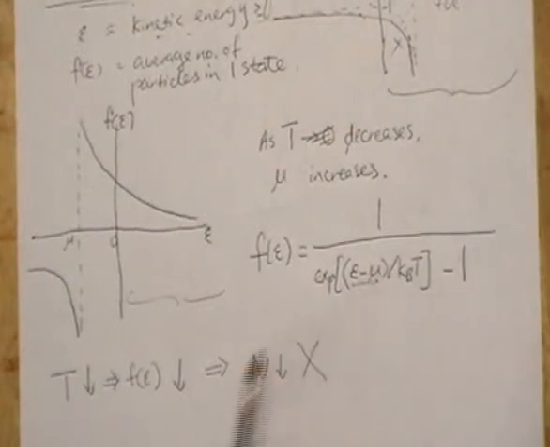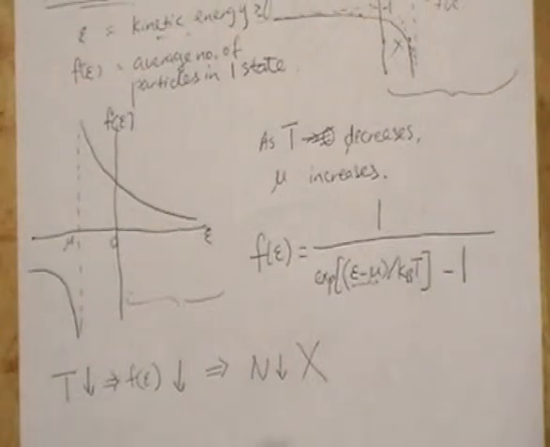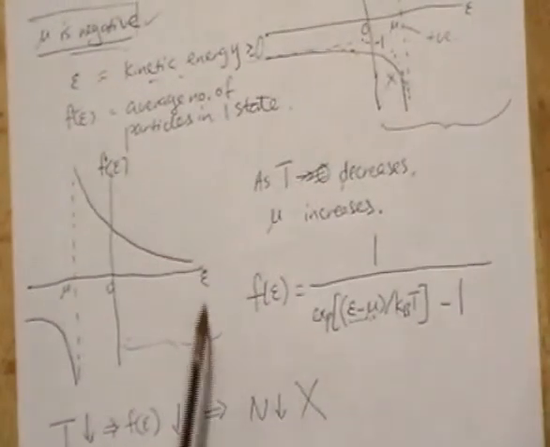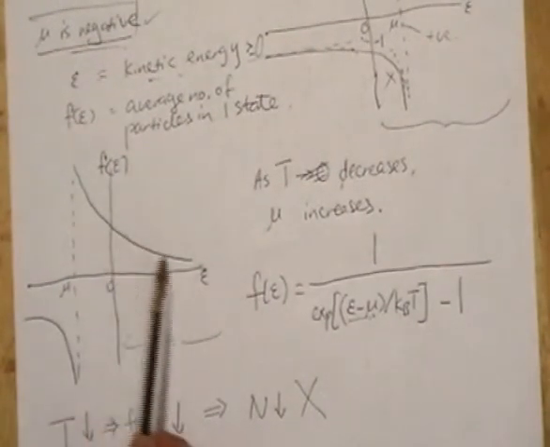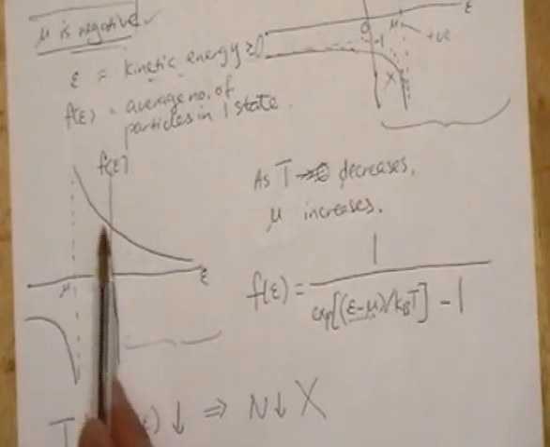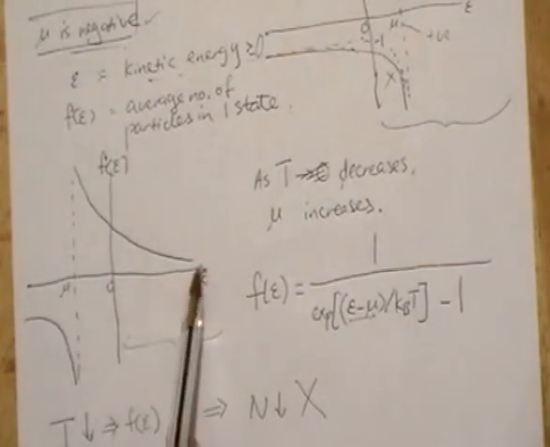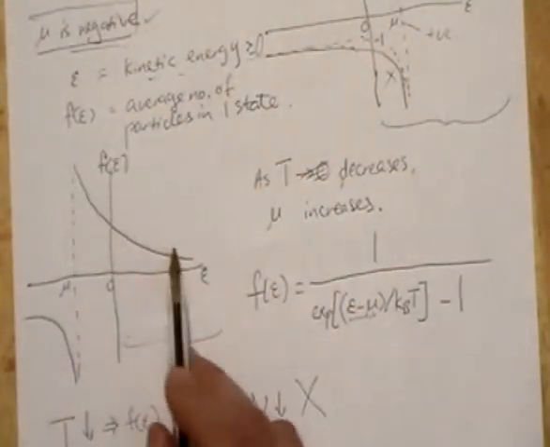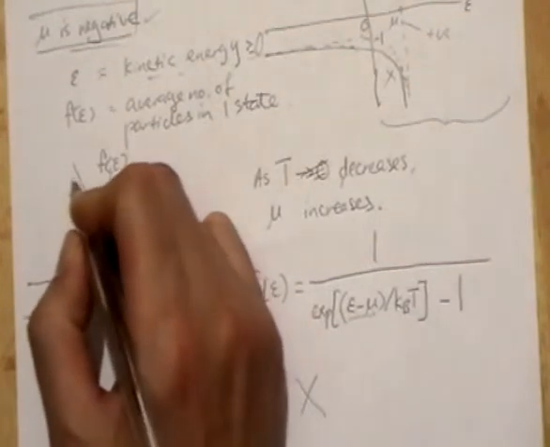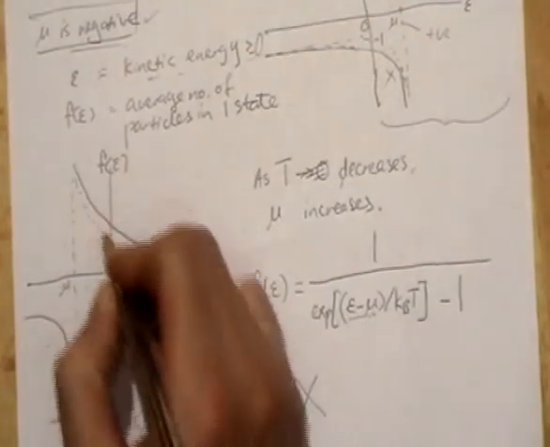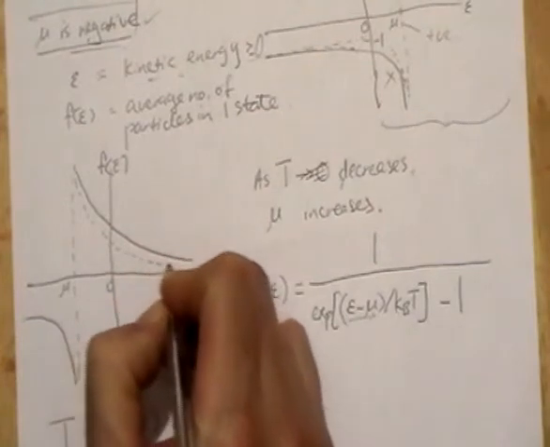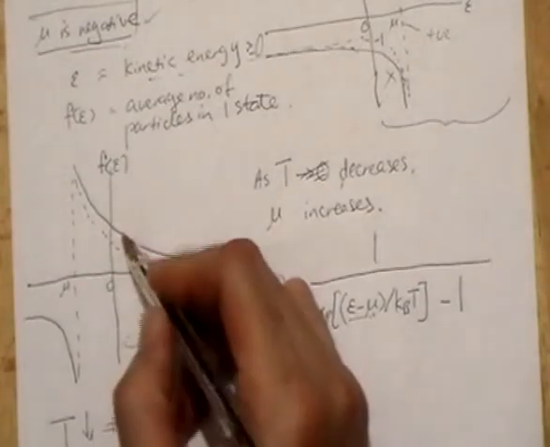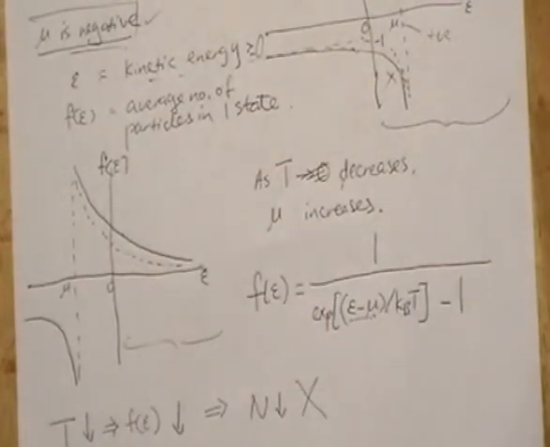Okay. So what can we do with mu to make sure that N does not decrease? Let's take a look at this graph again. Now, if temperature decreases, this curve here decreases. Alright, so we might imagine that instead of this, it might come down to a lower place, like that. Okay, so this could happen when temperature decreases.